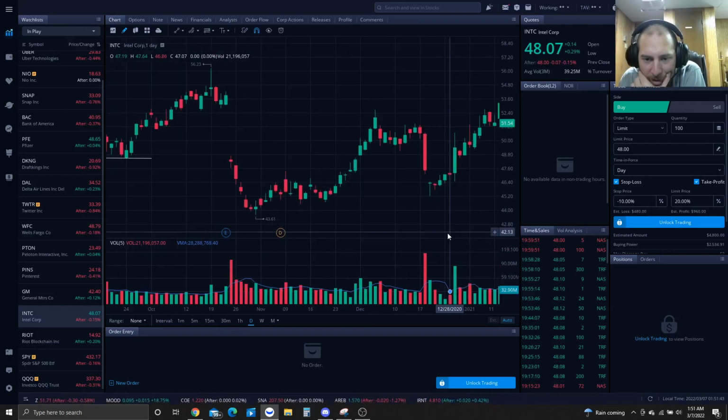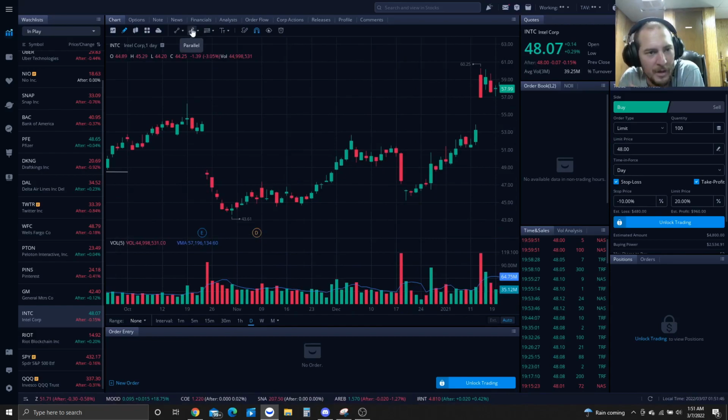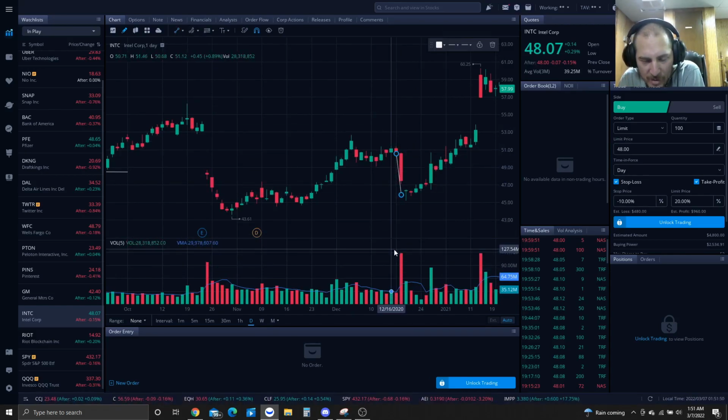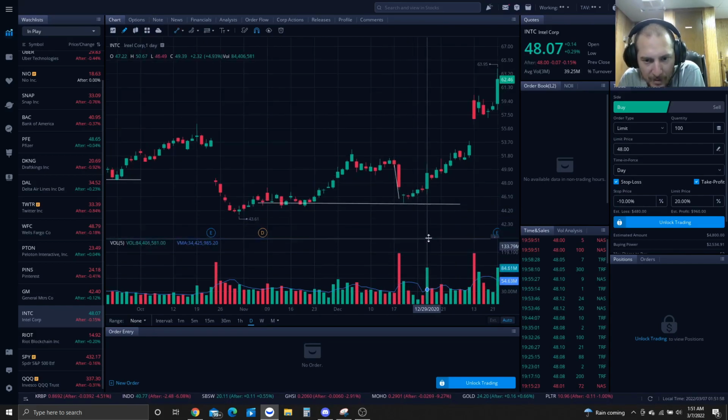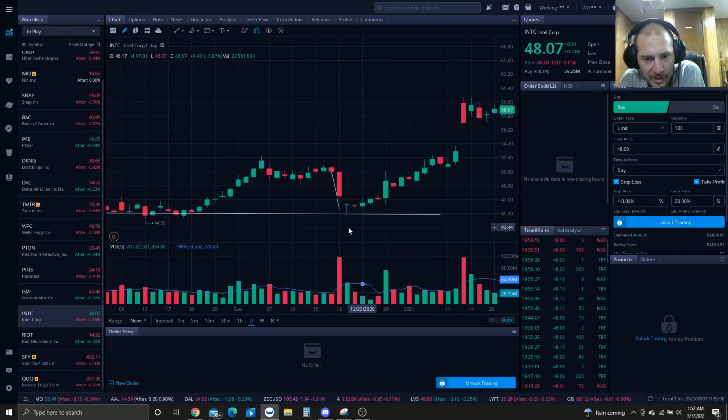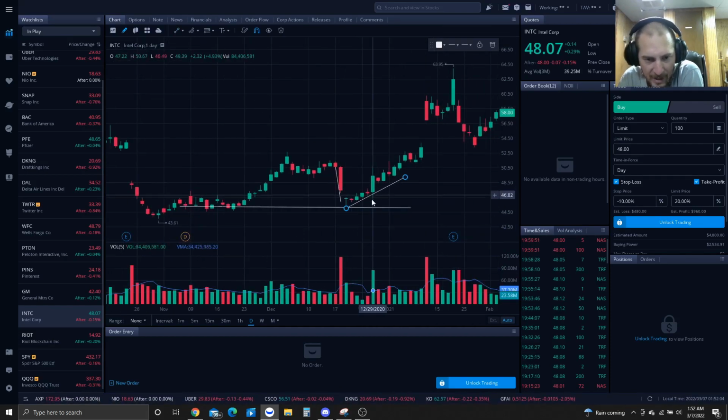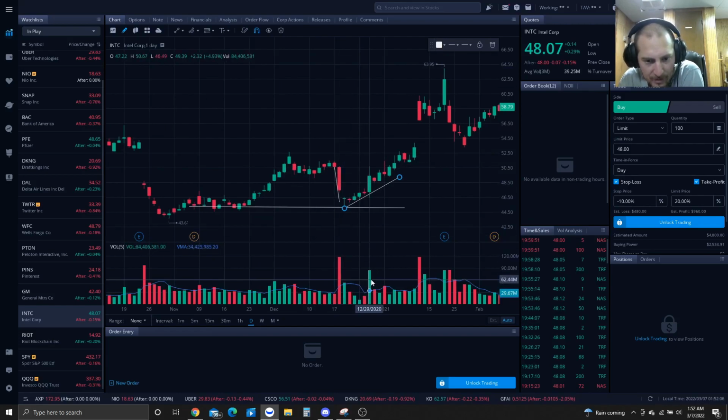Carrying on, right here towards the end of this, you have this huge red candle day, right? The volume is extremely large. And then again, at this little support, you get a huge influx of volume again, which signifies that buyers are willing to step in and buy up this dip, right?